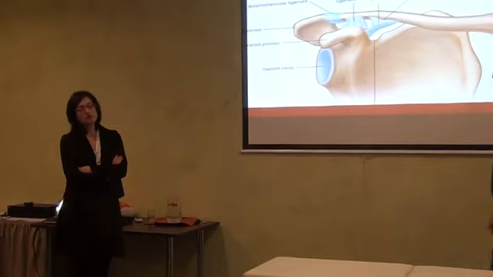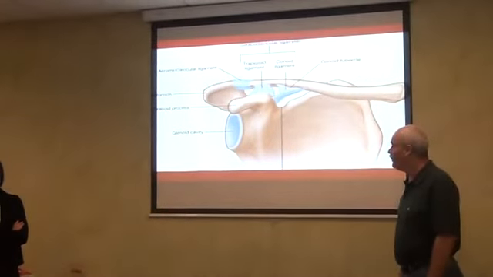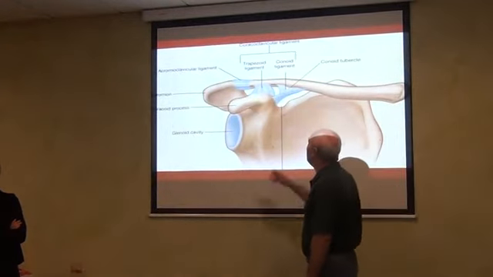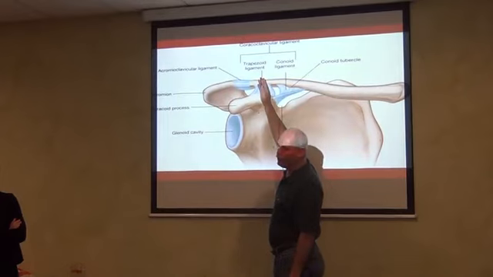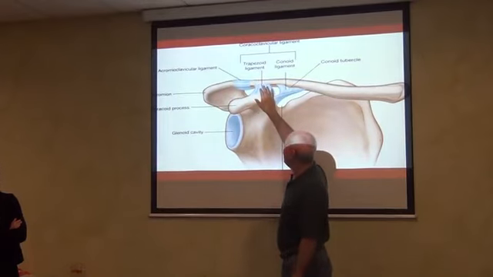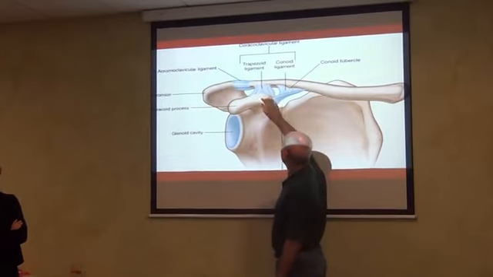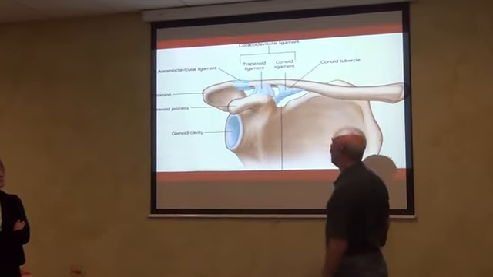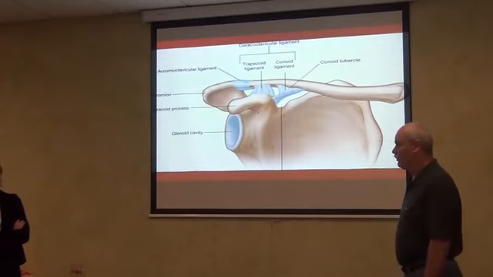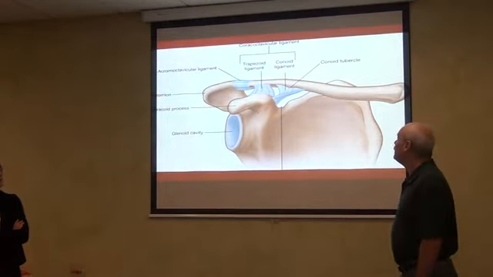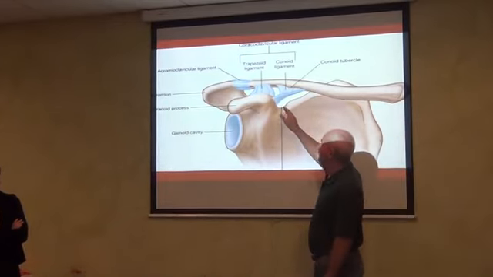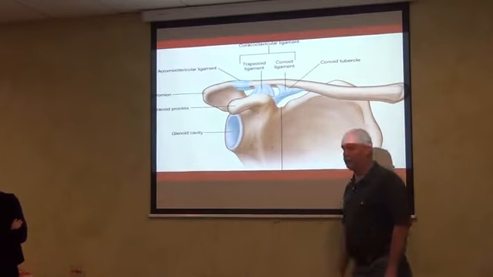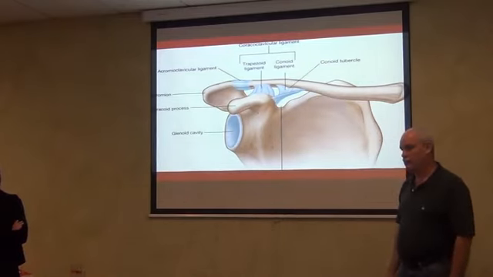The trapezoid ligament is mainly stressed when you try to put apart the clavicle and the coracoid process. The conoid ligament is more related to the rotation of the bone.